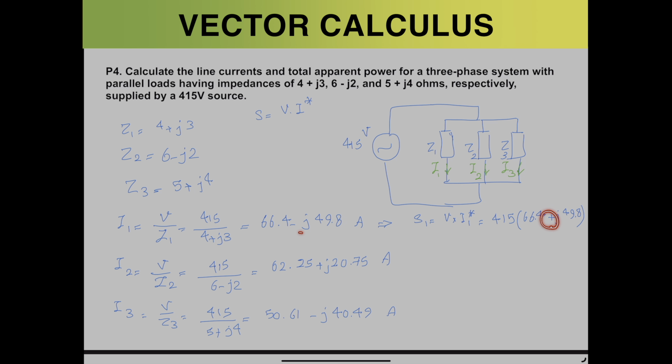Remember, this plus is versus this negative, that's how you make the I1 conjugate with respect to I over here.